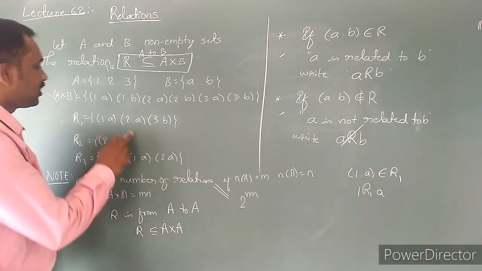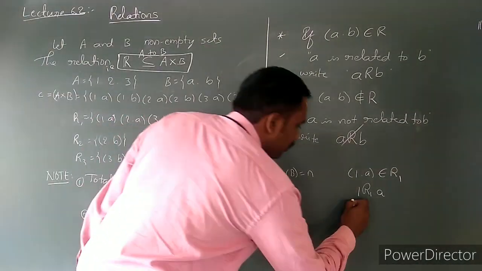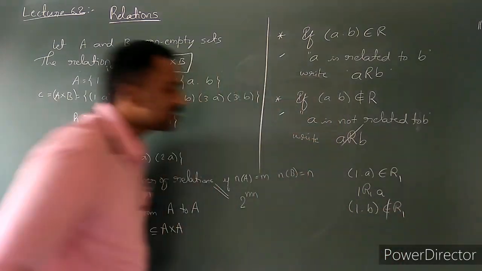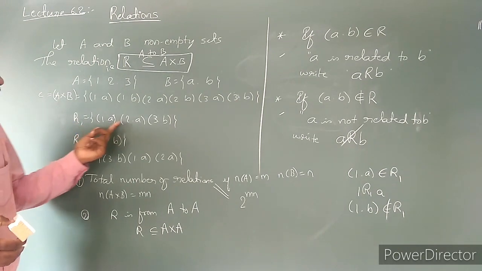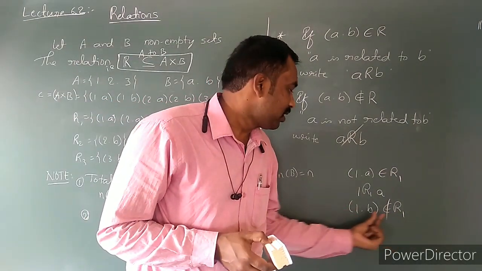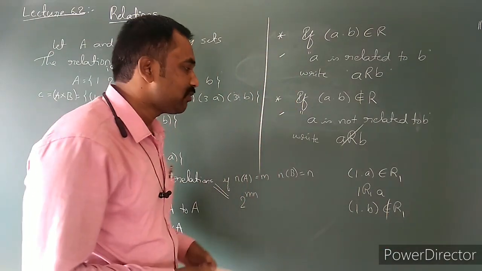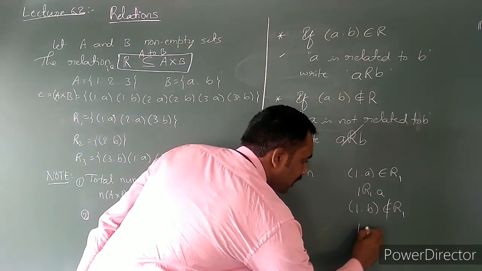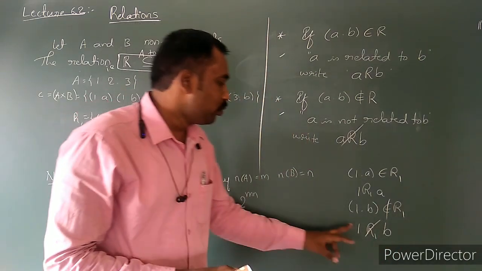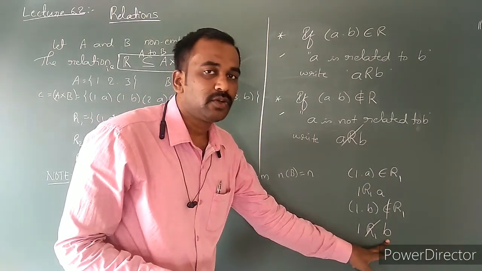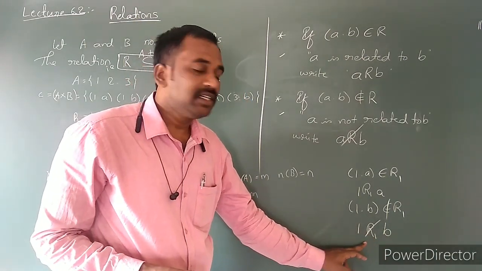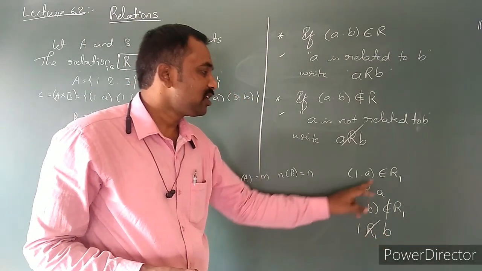And apart from that, here 1 comma B: whether 1 comma B is present in R1 or not. 1 comma B is not there; 1 comma B does not belong to R1. That means we can write 1 R1 slash B, meaning 1 is not related to B in the relation R1.